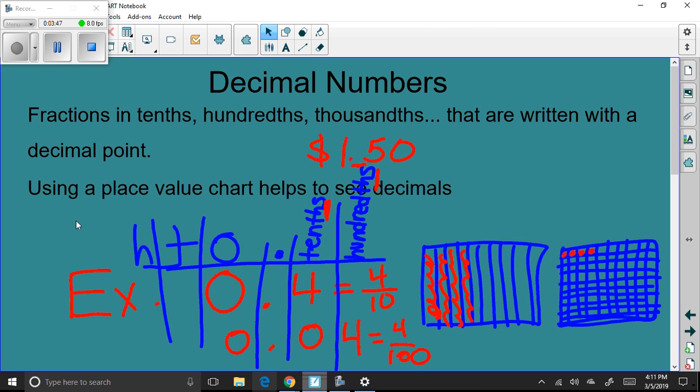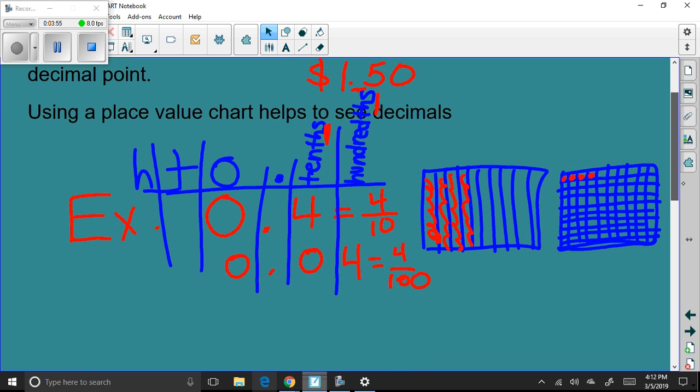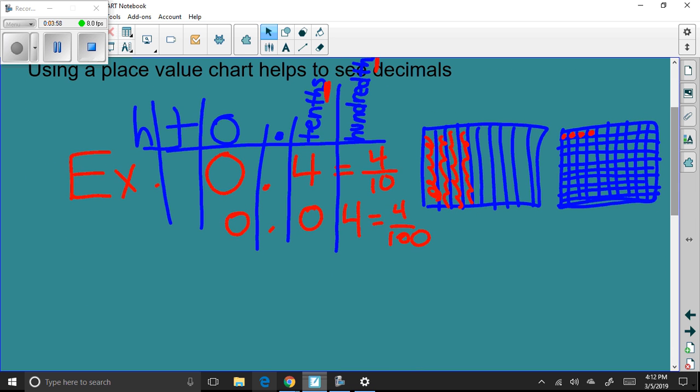So if you look at this, you can tell clearly that 4/10 is larger than 4 hundredths. And the reason is because if I have one thing and I break it into 100 pieces, the pieces are way smaller. You see my red dots here as opposed to a whole column.